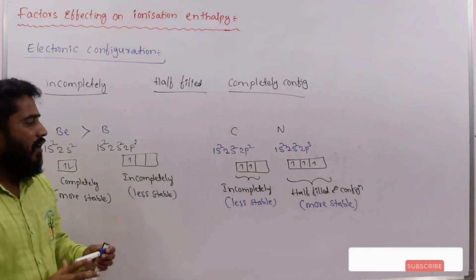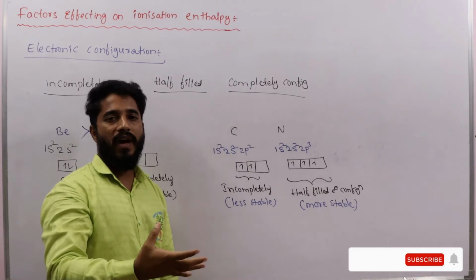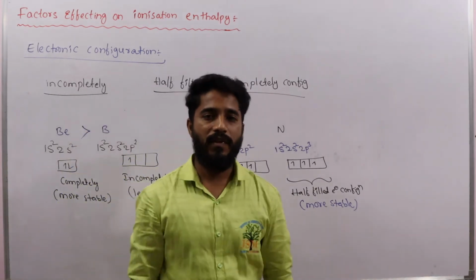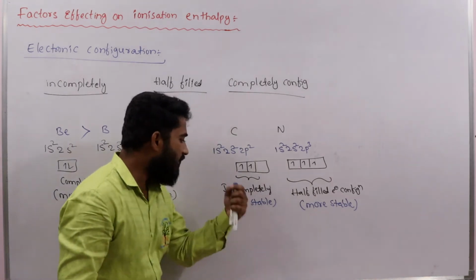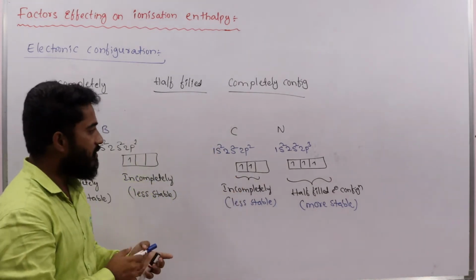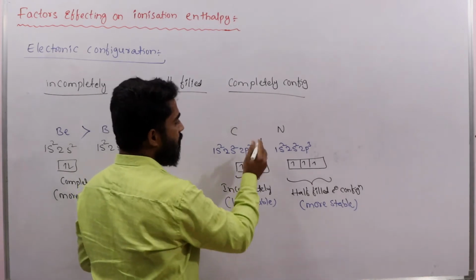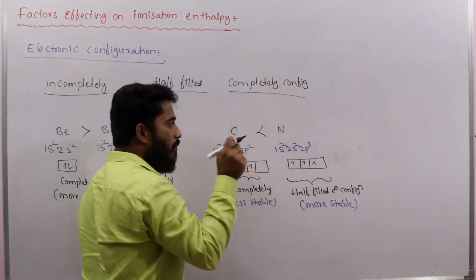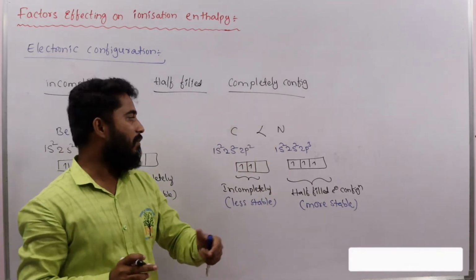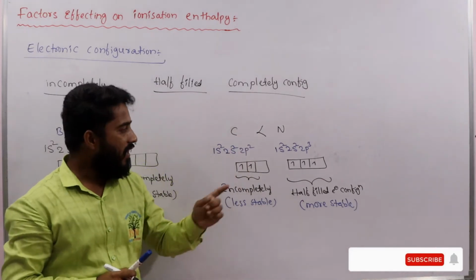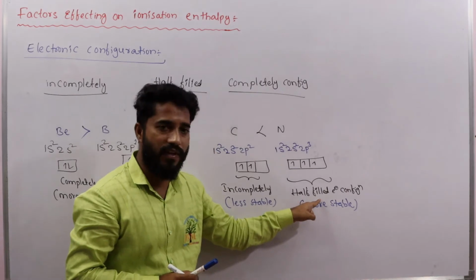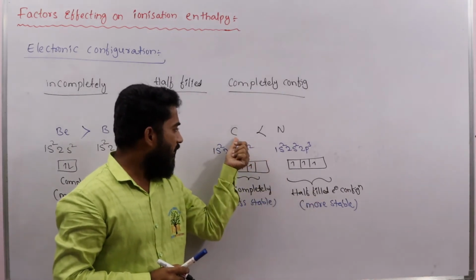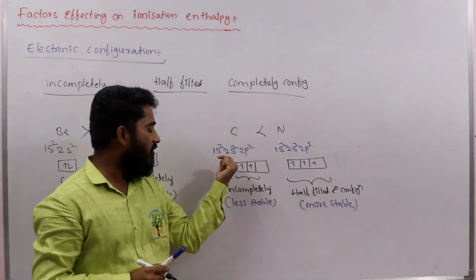More energy is always required to remove an electron from a half-filled configuration than from an incompletely filled configuration. That's why nitrogen has more ionization enthalpy than carbon. Why does nitrogen have more ionization enthalpy? Because of the half-filled configuration. Why does carbon have less?